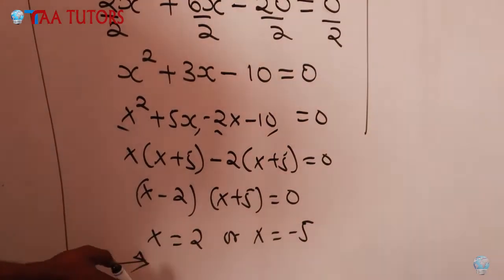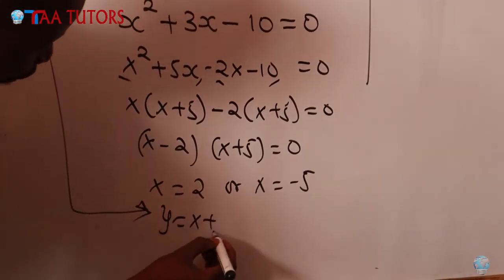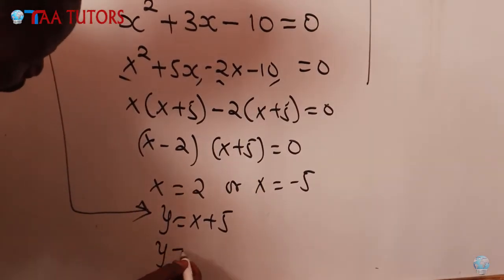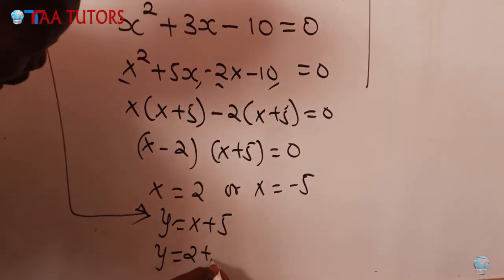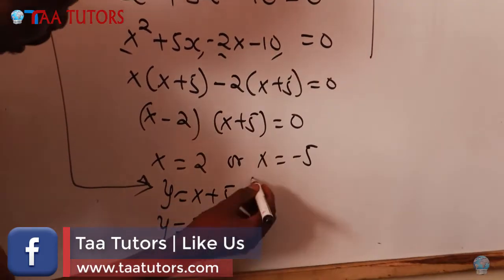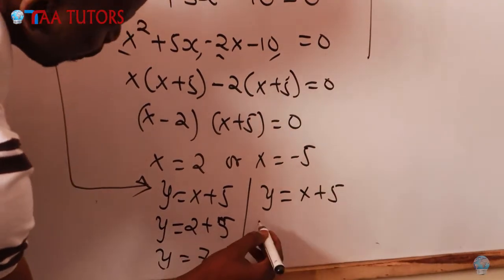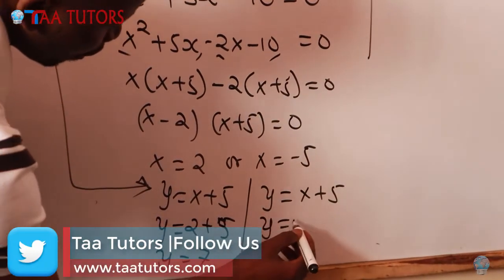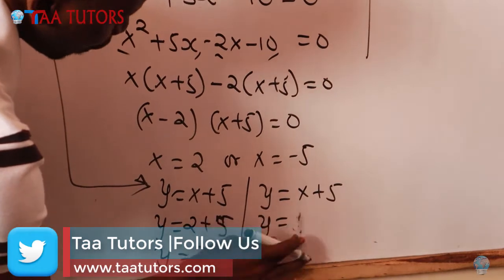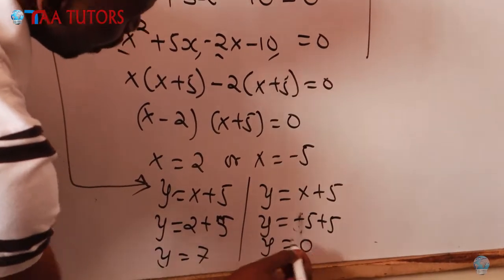Now, if I have to get y, and I know y equals x plus 5, then if x is 2, y will be 7. And what about if x is negative 5? Y will be negative 5 plus 5, and y will be 0.